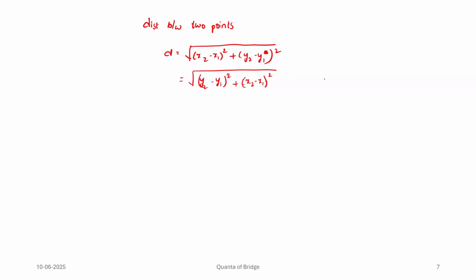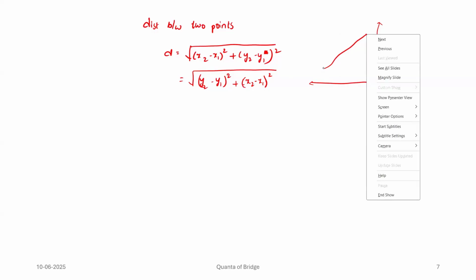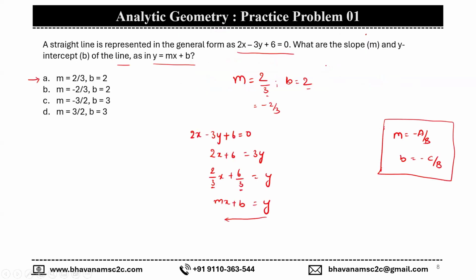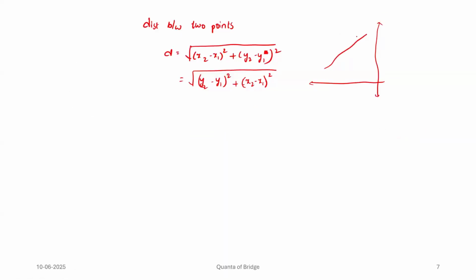So, for example, again, this is the coordinate axis. This is the line, with the point x1, y1 here and x2, y2 here.